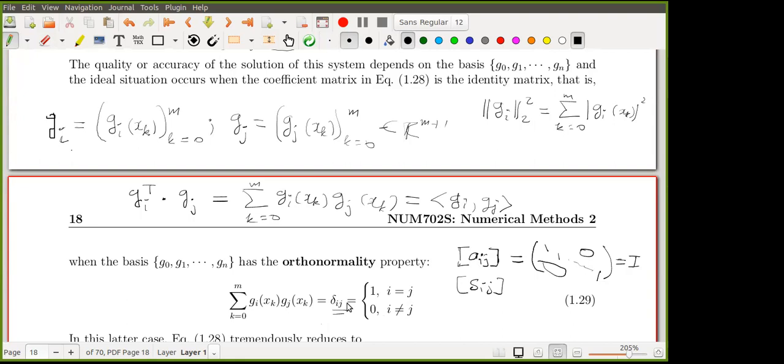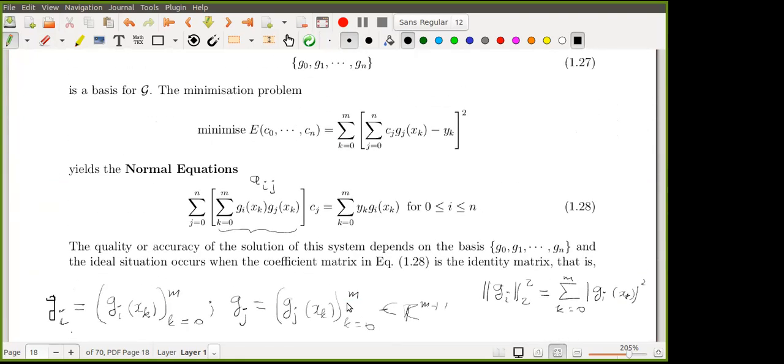Now, if it's delta_ij and we substitute it here, when it's orthogonal, we see that this sum will reduce to, because we are summing over j, what is changing is j and i is fixed.